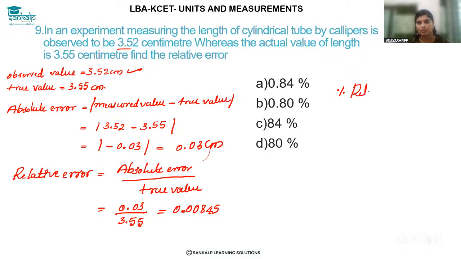Percentage relative error, convert this into percentage. To convert to percentage, we have to multiply by 100. 0.00845 into 100 is equal to 0.845%.